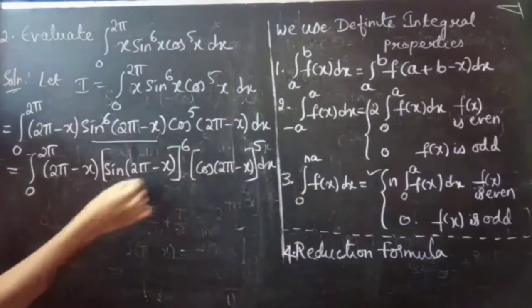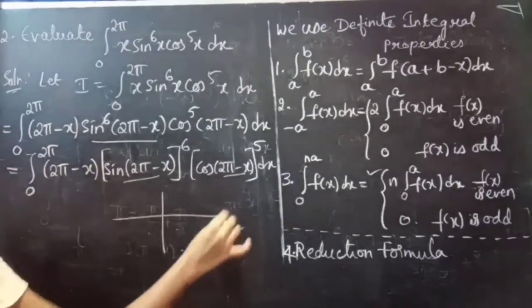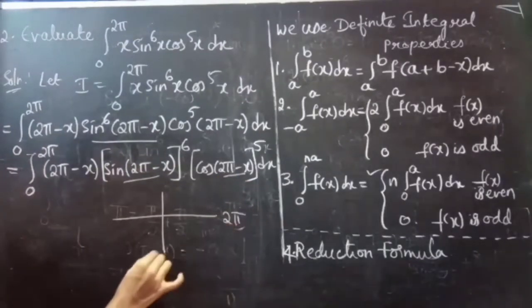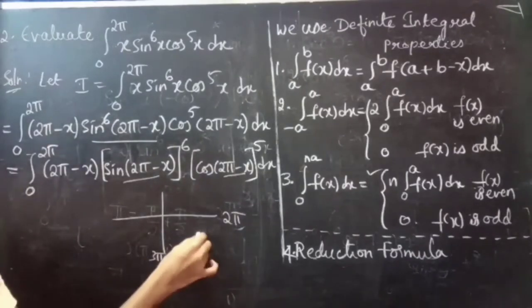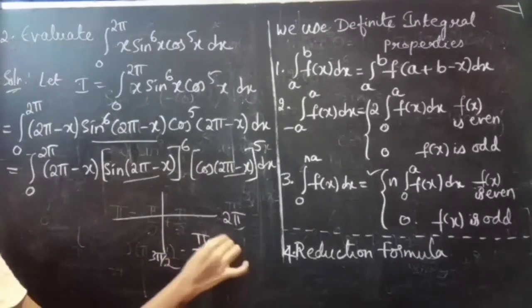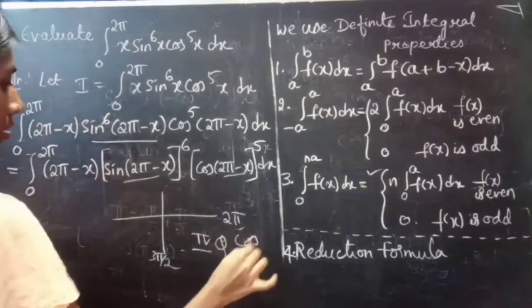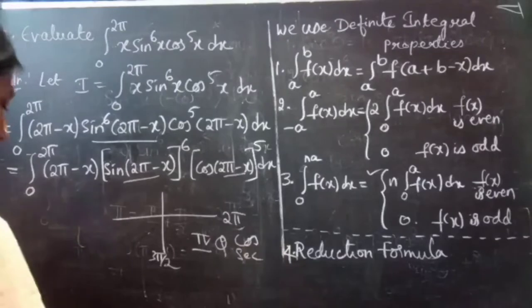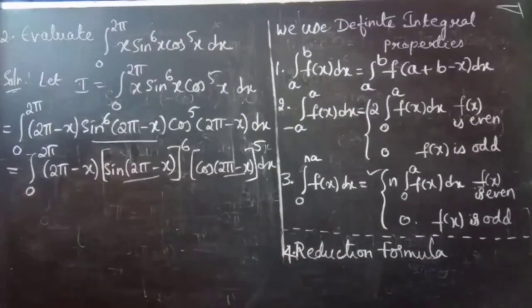Okay. So 2 pi minus x. This is your 2 pi and 3 pi by 2. So 2 pi minus x exists in the fourth quadrant. In the fourth quadrant, cos and secant will be positive and the remaining will be negative.